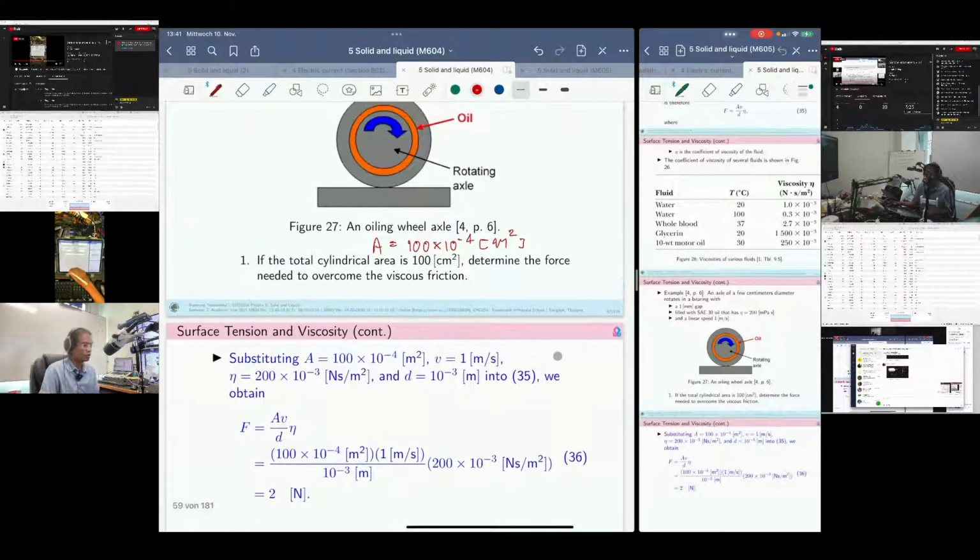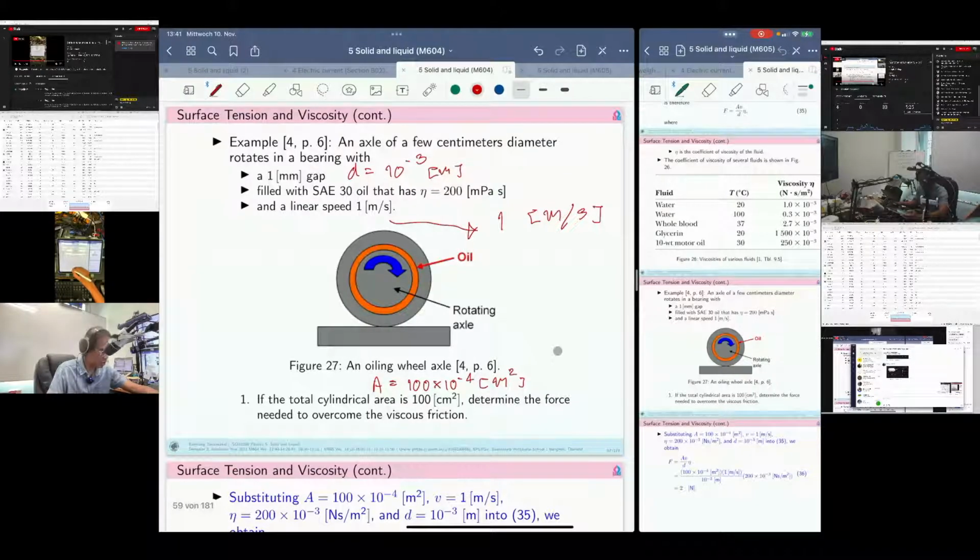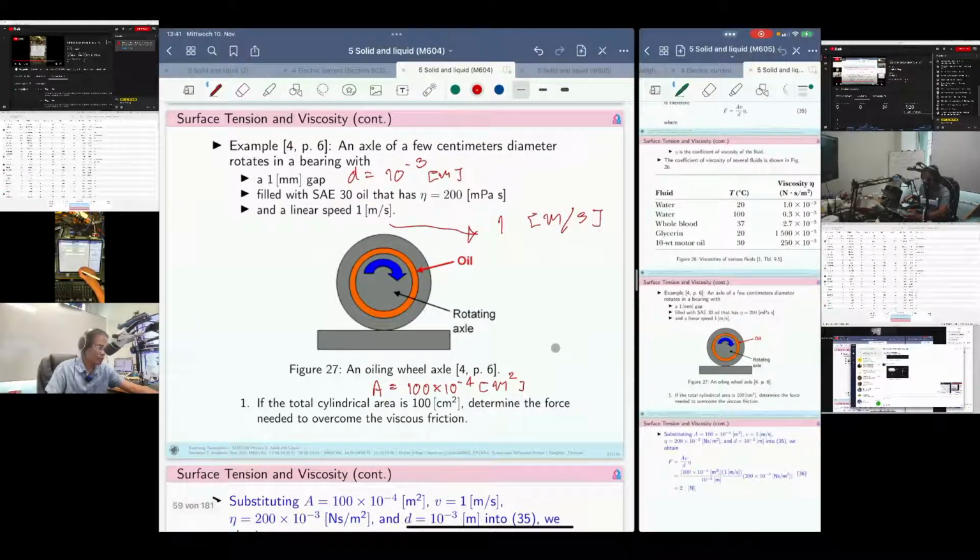Now it's time to compute. Oh my God, no, it's milli, not meter. So we have to multiply it by 10 to the power of negative 3. Because it's milli, Pascal second corresponds to this, because Pascal is Newton per meter square, right?